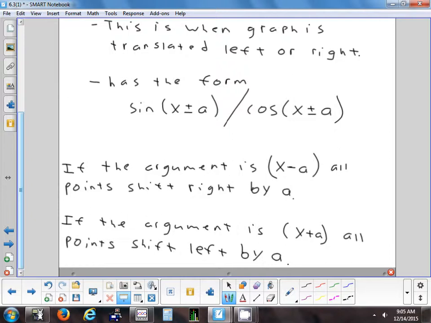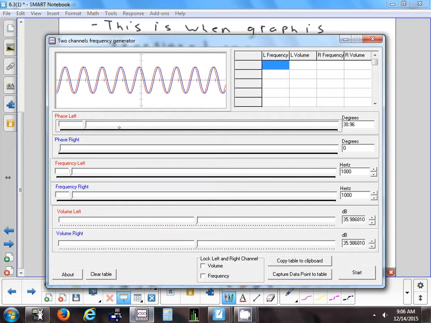Now, technically, when we do a phase shift, you can shift by anything you want. Some amounts to shift by are more common than others. For example, shifting by 45 degrees, 90 degrees, and 180 degrees. Those are the most common ones we do. But if you really wanted, you could technically shift something by 30.96 degrees, or 36.72. You can shift by anything you want. But I'll just show you the common ones again.